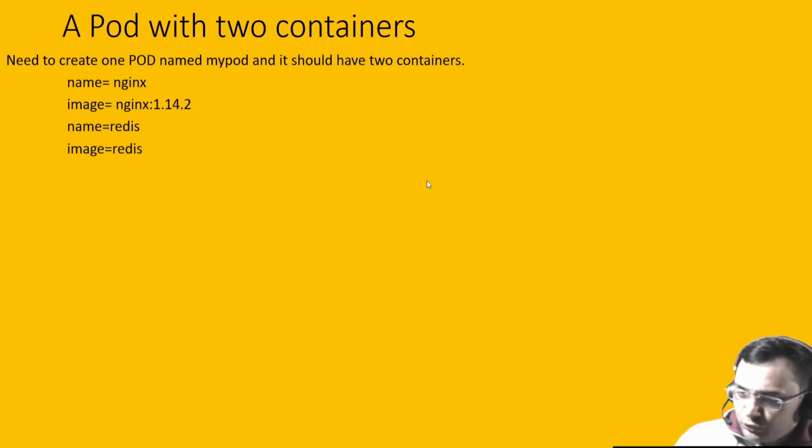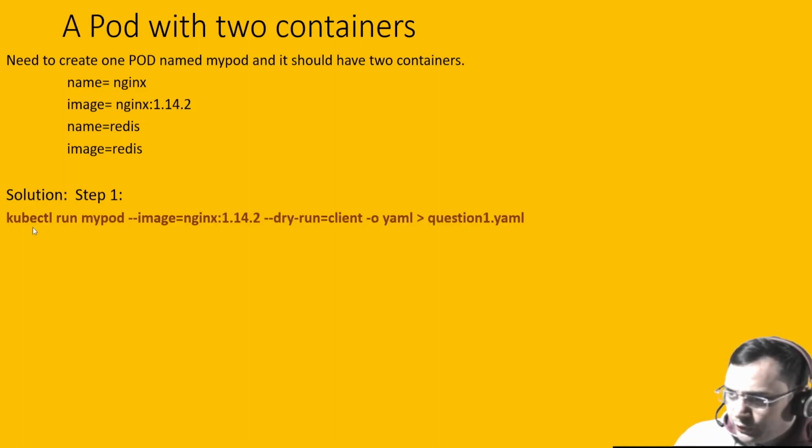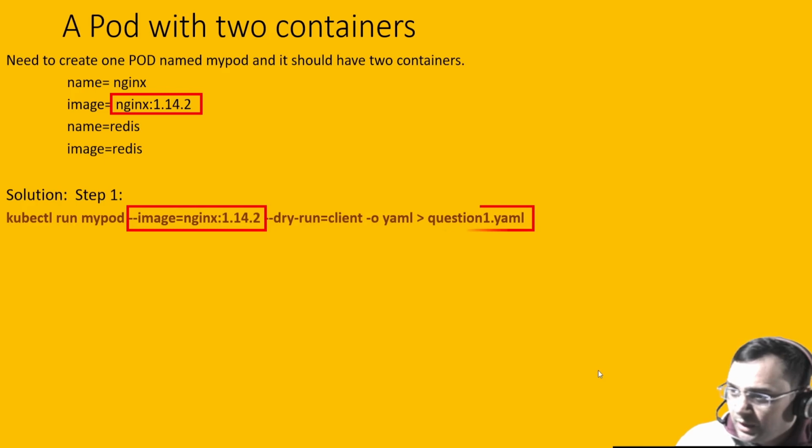In this type of question, what do we do? In step 1, we will use kubectl run my-pod, where my-pod is the pod name, --image=nginx:1.14.2, --dry-run=client and then -o yaml. So I will get this in YAML format and redirect it into one file here. I use the same command and then redirect into the question1.yaml file.